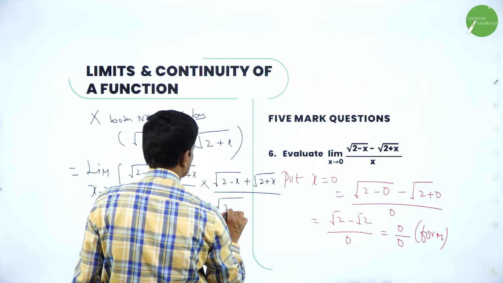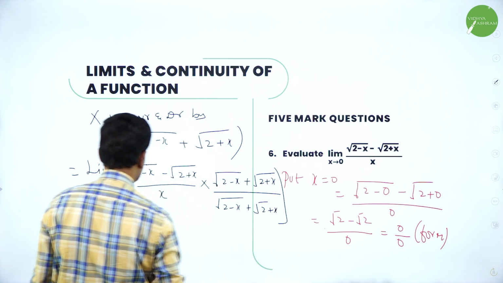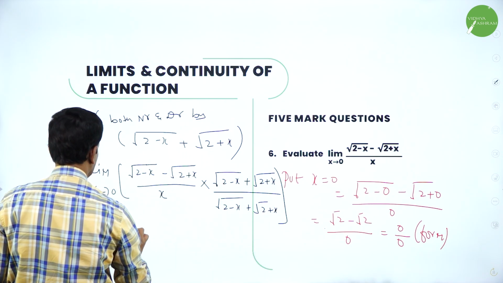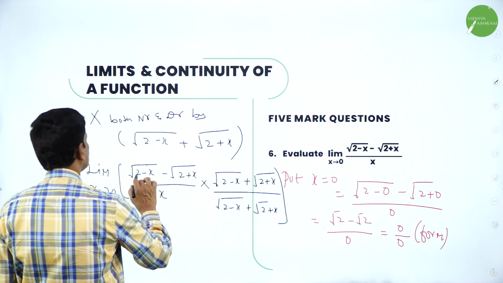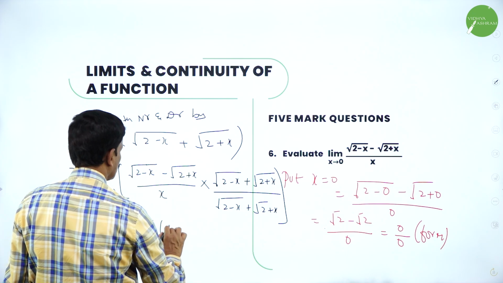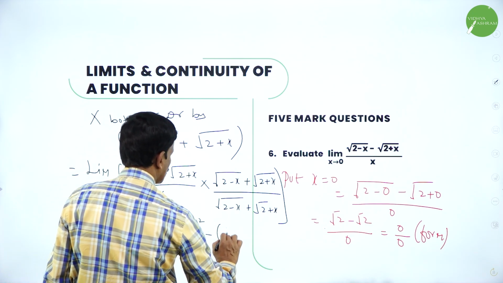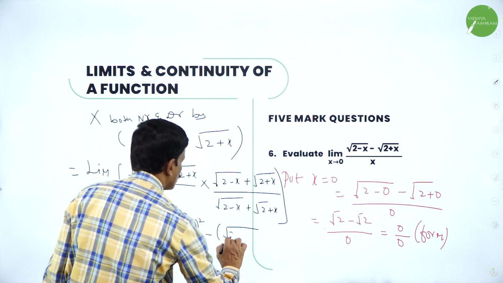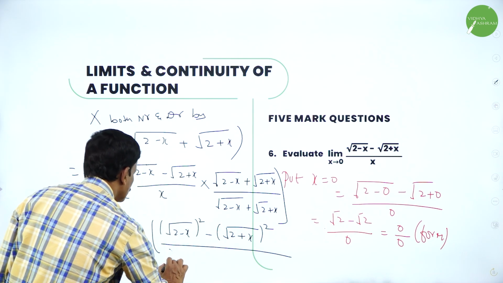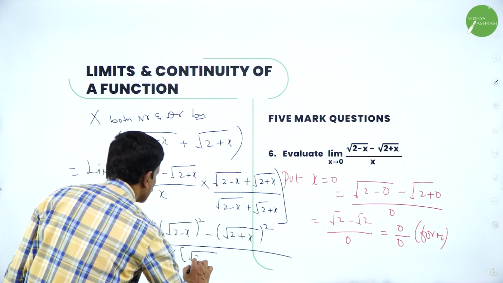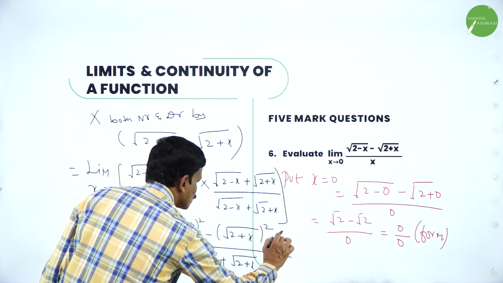So this is equal to limit x tends to 0 of root of 2 minus x into root of 2 minus x is 2 minus x, minus root of 2 plus x into root of 2 plus x is 2 plus x, divided by the denominator, which will be the same, x into root of 2 minus x plus root of 2 plus x.